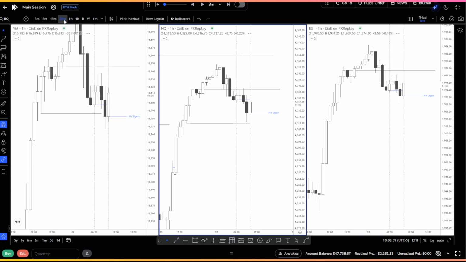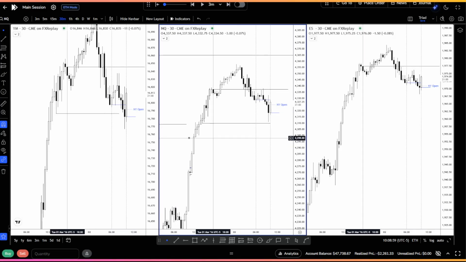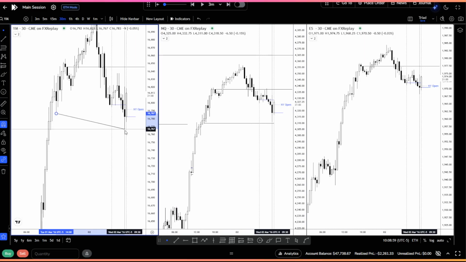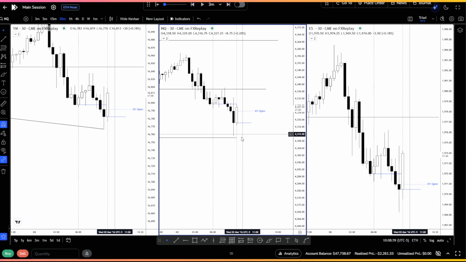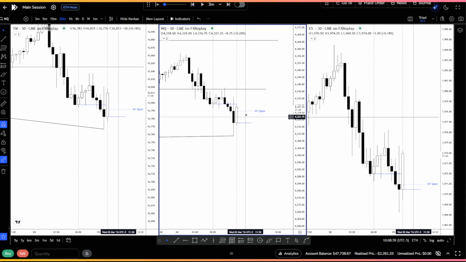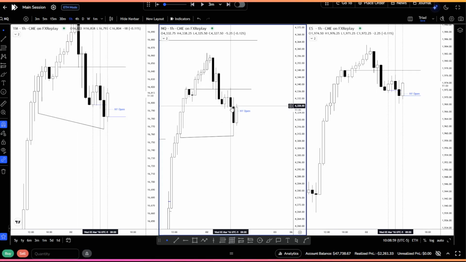10 a.m. opens up and goes higher. So if this 30-minute closes, I will try to take a trade as C3 slash C4, early C3, right?